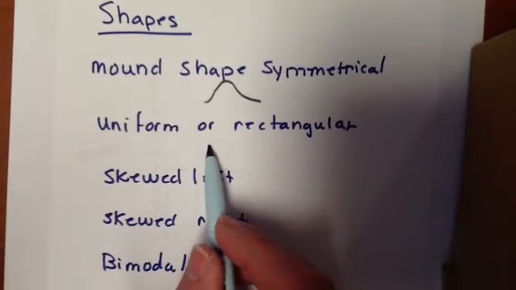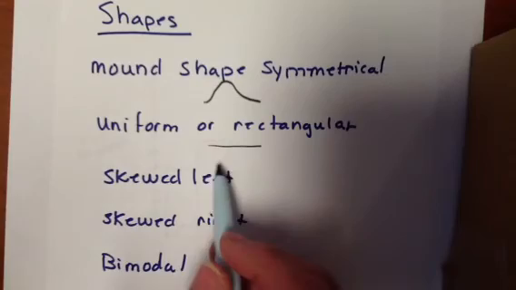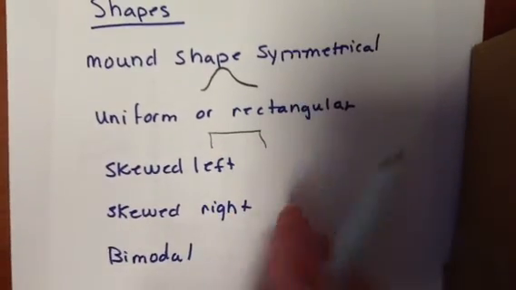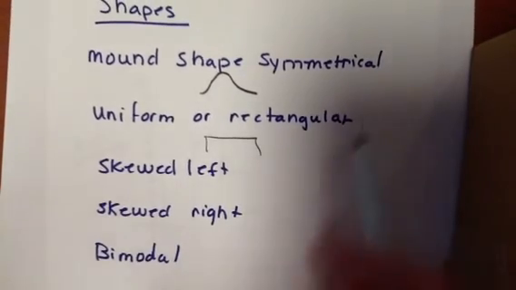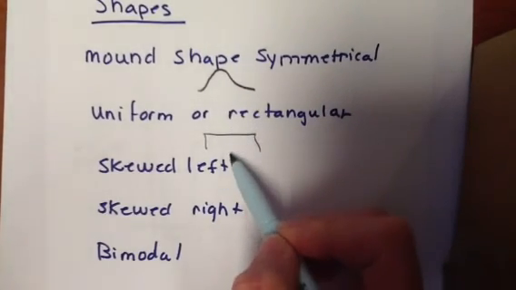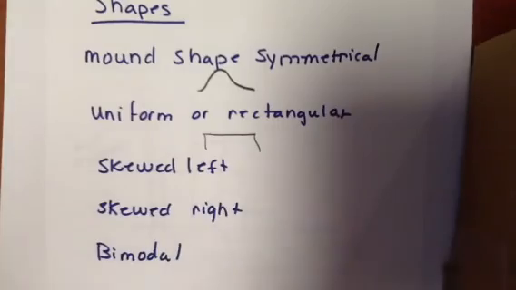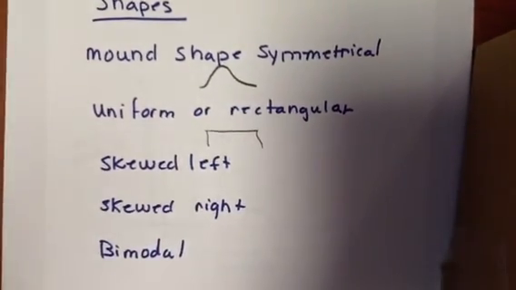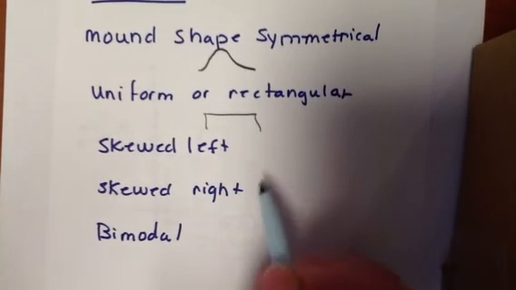Uniform or rectangular would be that all the bars are the same height. Something like this. Now you could say, Professor Faber, isn't that symmetrical? And in fact it is, because if we draw a line down the middle, it would be a mirror image on both sides. However, it is not mound shape. The next one is skewed to the left.